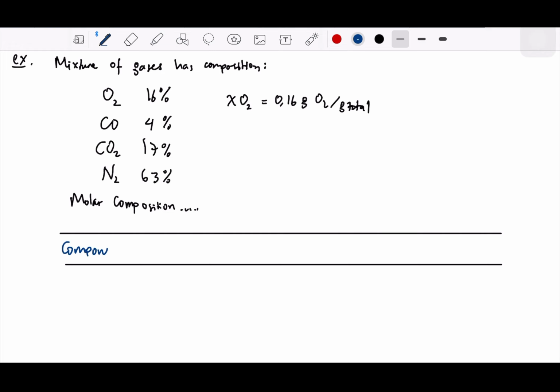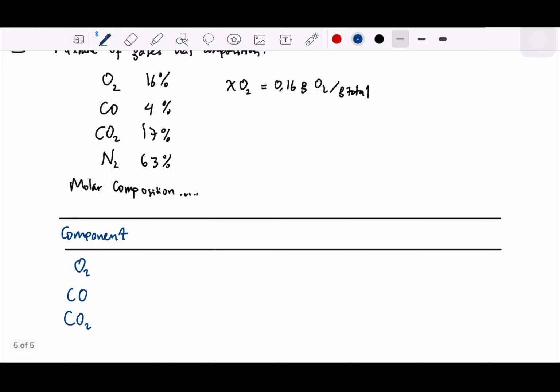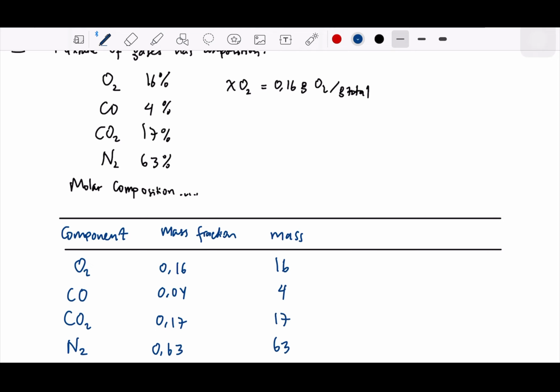So this will be the component, and this is the mass fraction, starting with 0.16, 0.04, 0.17, 0.63, right? And the mass itself we can calculate from 100%, so we have 16, 4, 17, 63. So the total will be 100.